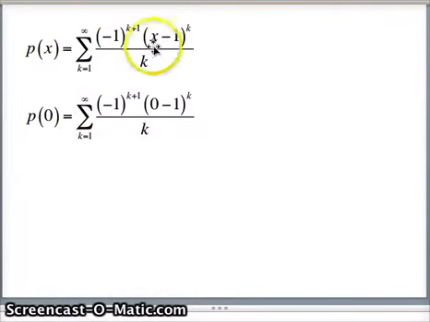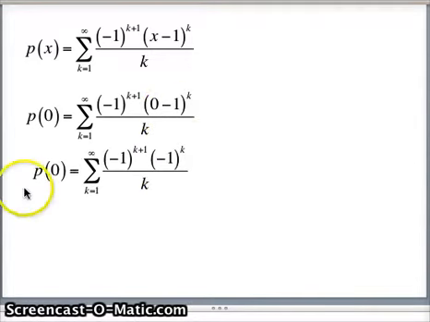What is P of 0? Replacing x with 0, we get negative 1 to the k plus 1, times 0 minus 1 to the k, over k. Well, 0 minus 1 is just negative 1, so I have negative 1 to the k plus 1 times negative 1 to the k. If you have the same base, you add the exponents.